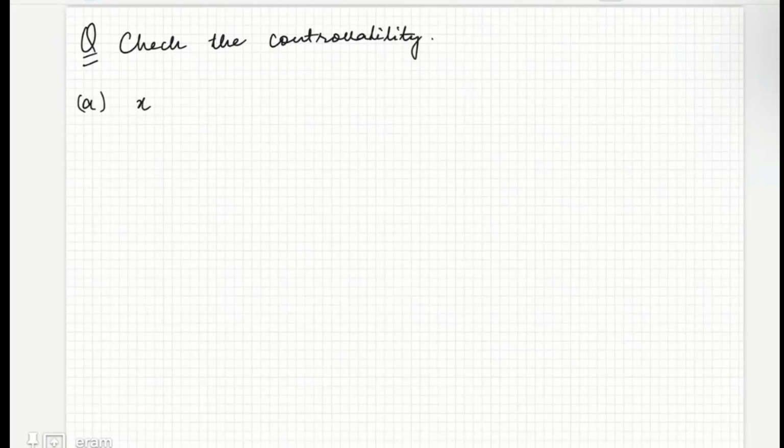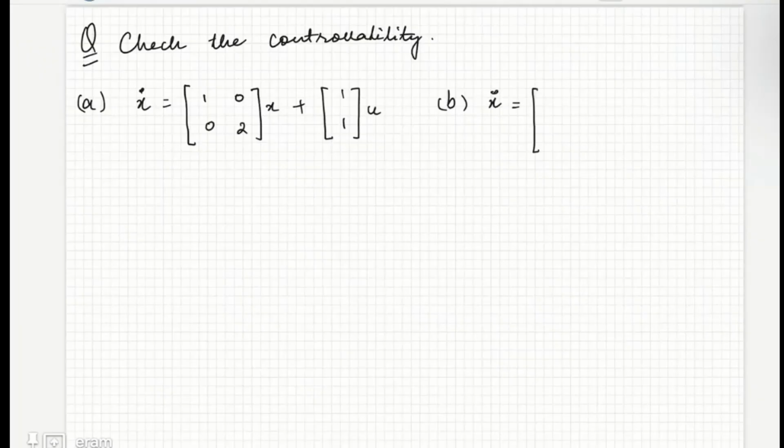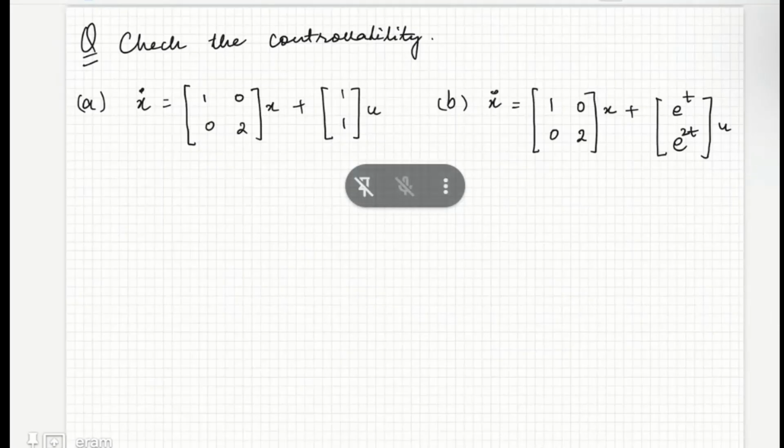System A is given as x dot equals [1 0; 0 2] x plus [1; 1] u, and the second system is given as x dot equals [1 0; 0 2] x plus [e^t; e^2t] u. You have to check whether the system is controllable or not for both system A and system B.